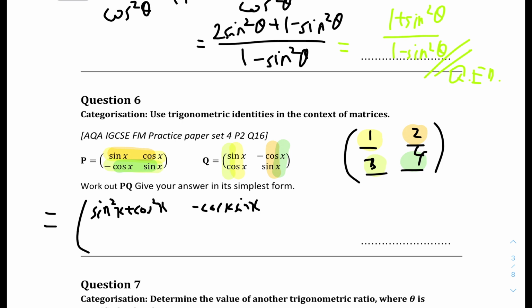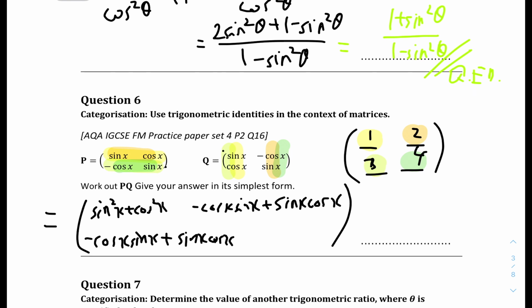And then it'll be plus cos x times sine x. Sine x cos x is the same as cos x sine x. Then the third value will be minus cos x times sine x plus sine x times cos x. So it'll be minus cos x sine x plus sine x cos x.